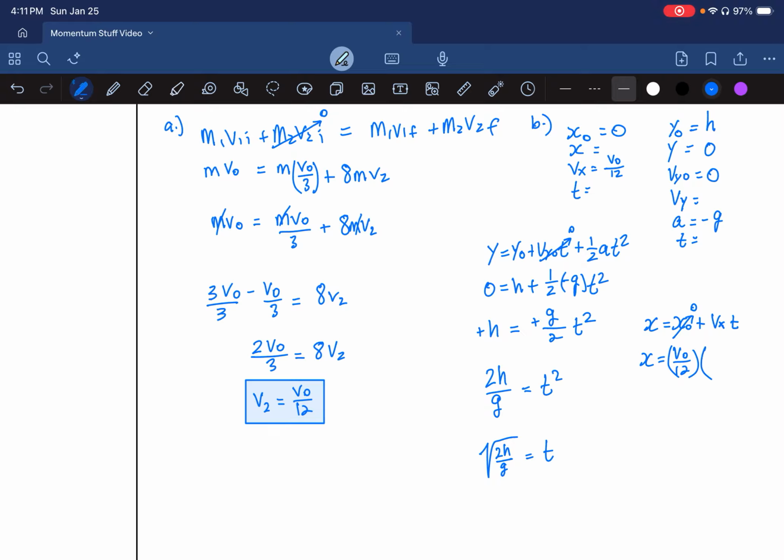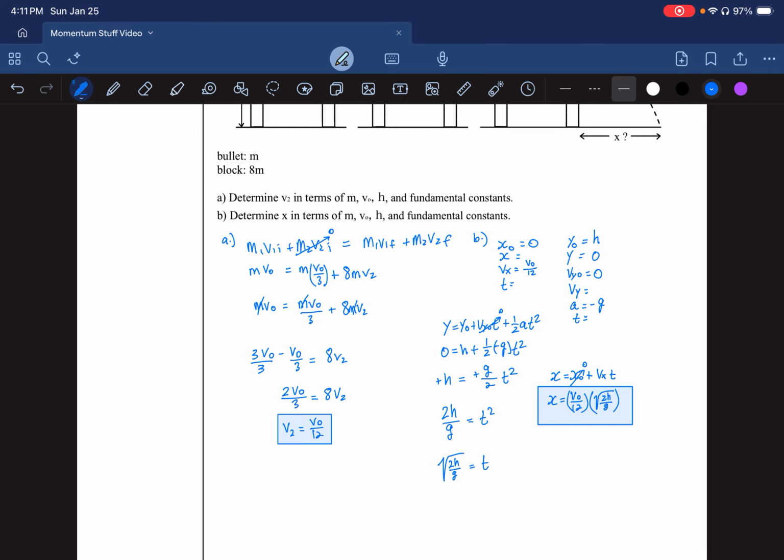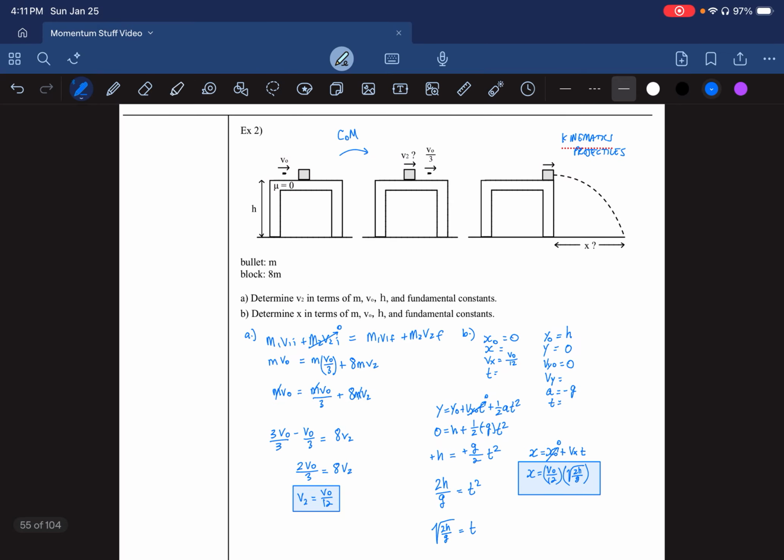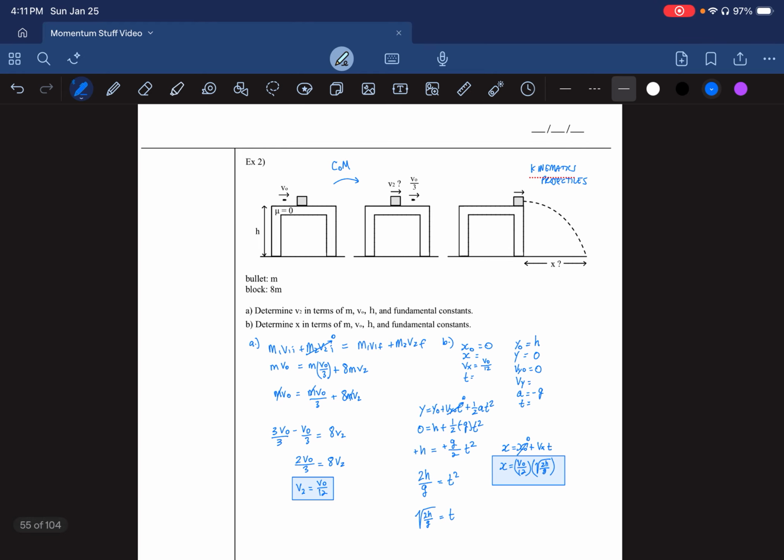And t is the square root of 2h over g. Didn't need the parentheses there, that's fine. All right, and let's do the last one.